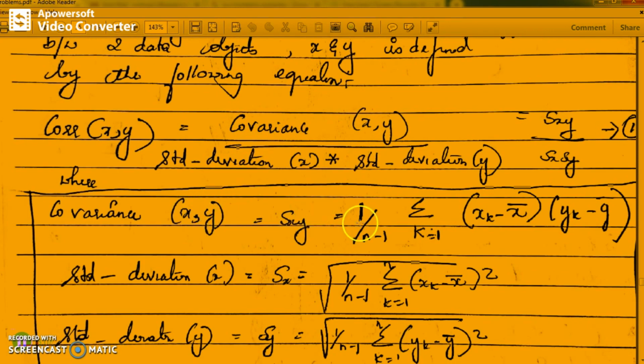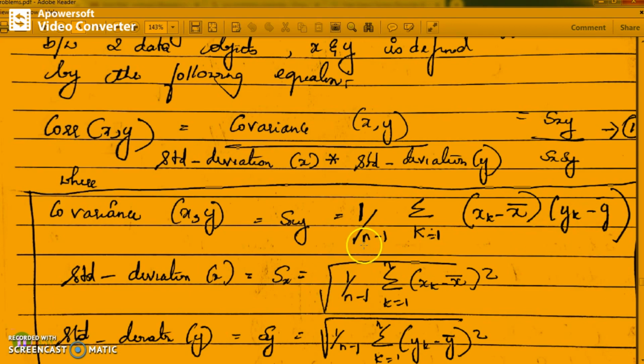Covariance you calculate as the summation of (xk minus x bar) times (yk minus y bar). What are xk and yk here? The values of the two objects x and y. And x bar and y bar are the mean of all values of x and the mean of all values of y, right?